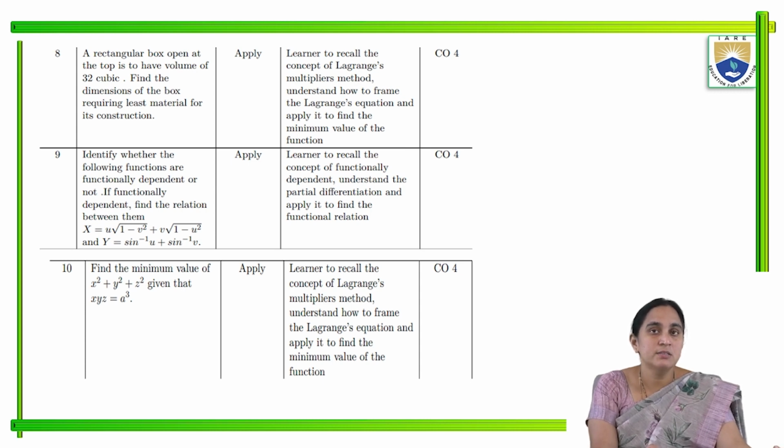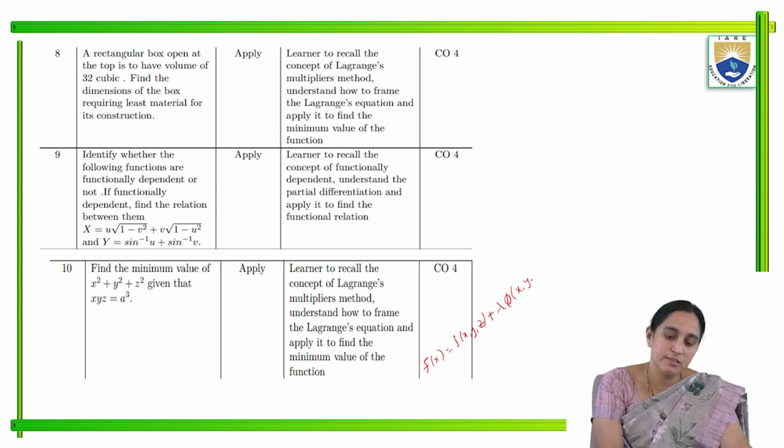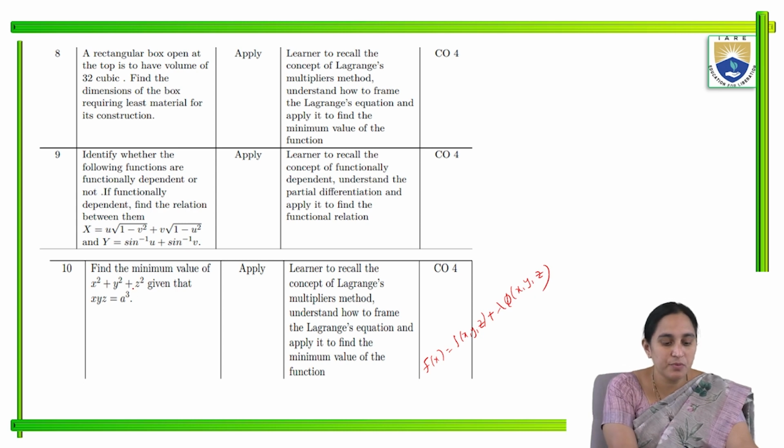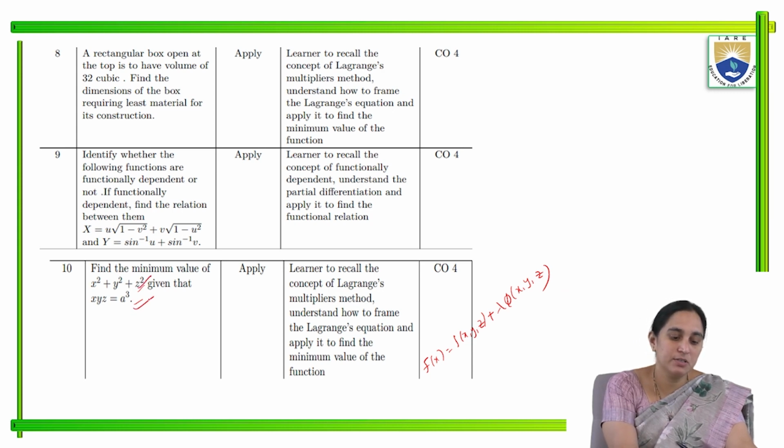Lagrange's multiplier is an alternative method for finding minimum or maximum values of a function. The function is F is equal to f of xyz plus lambda into phi of xyz. For the given problem, first we have to identify one as the function and the other as the condition.